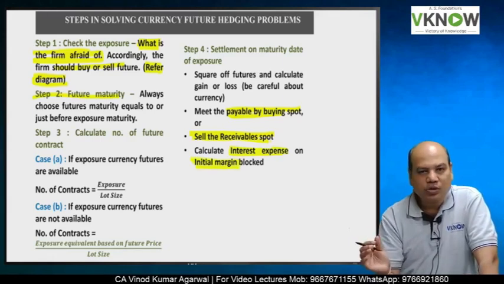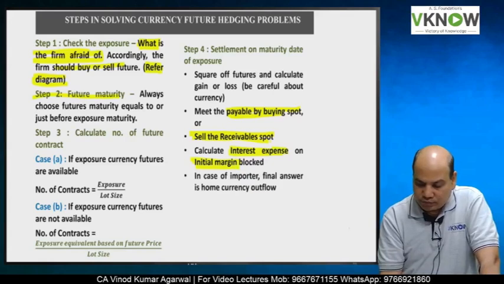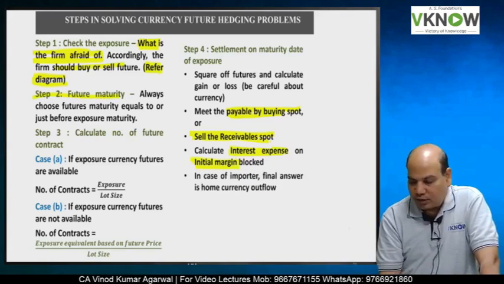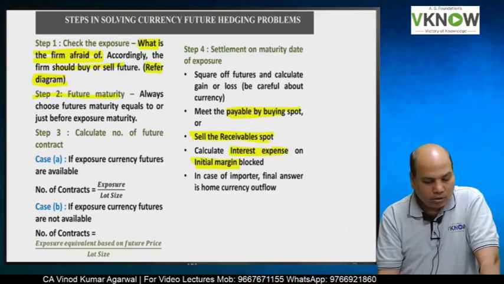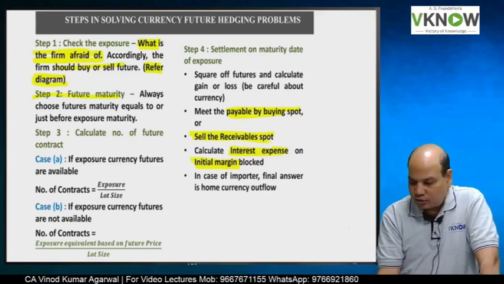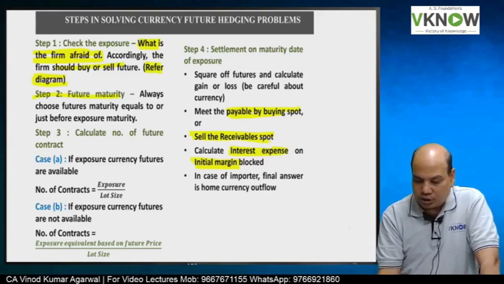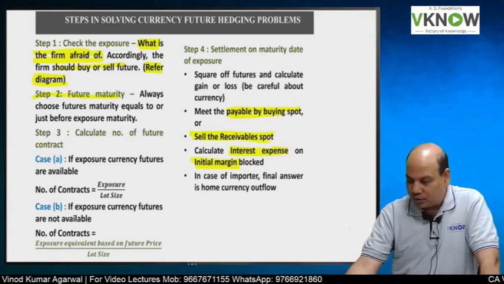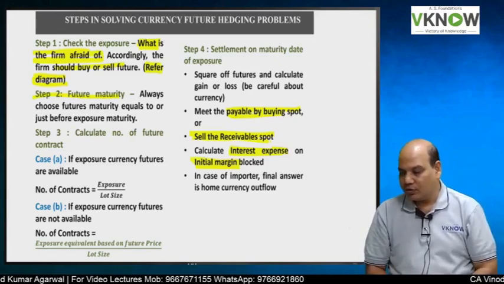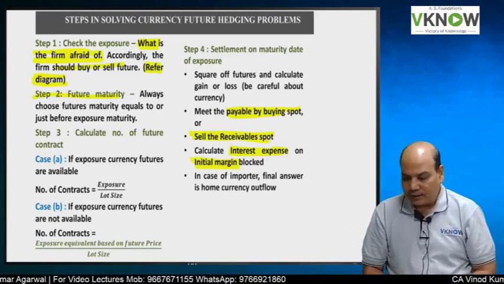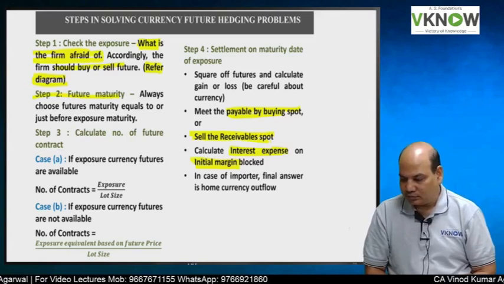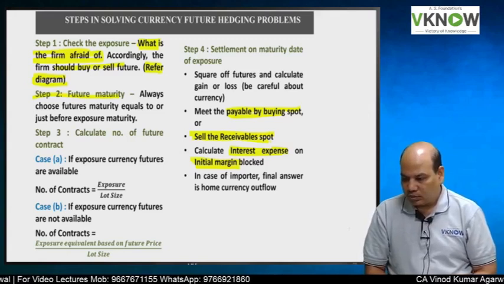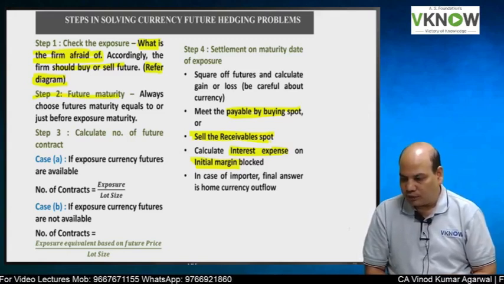In some questions they don't give you, so then ignore. Then write down next line. In case of importer, just 2 more lines, then we'll solve. In case of importer, which is not applicable in this problem, final answer is home currency outflow.